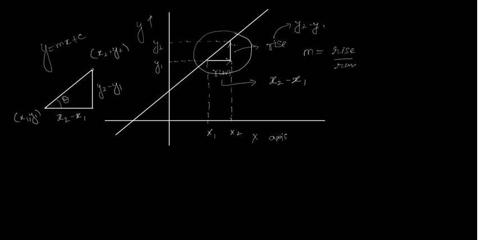so tan theta is nothing but opposite upon adjacent. So y2 minus y1 upon x2 minus x1, and this is also equal to m.